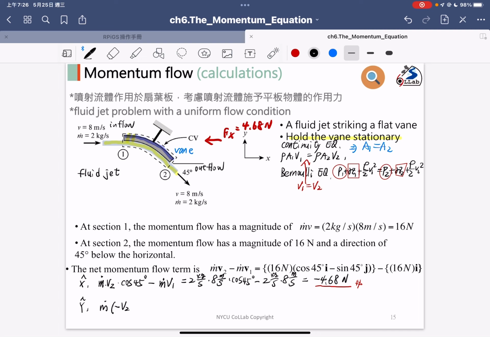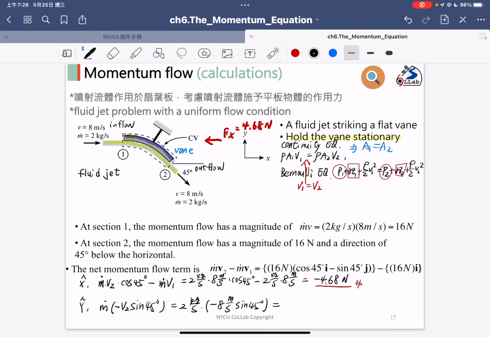We use sine 45 degrees. So we put the numbers in: 2 kilograms per second multiplied by minus 8 meters per second and sine 45 degrees.